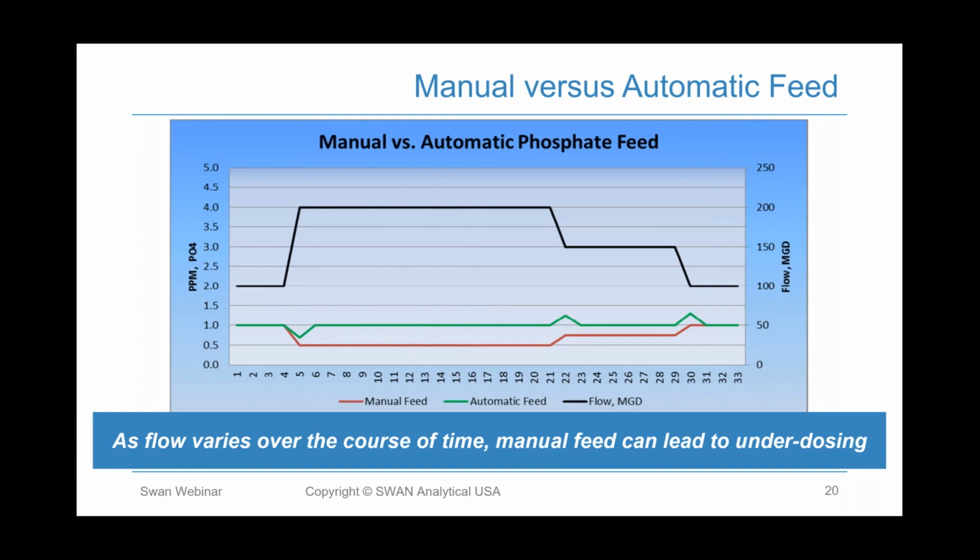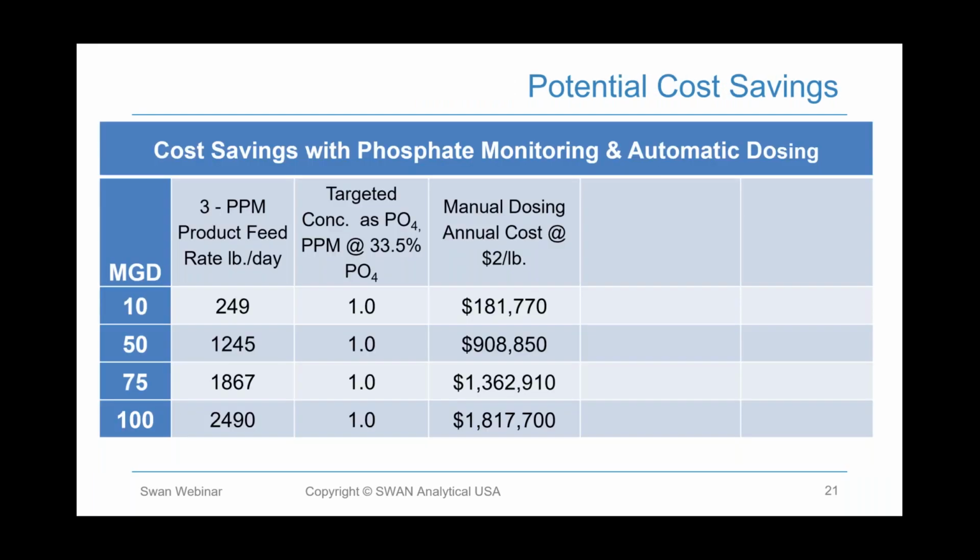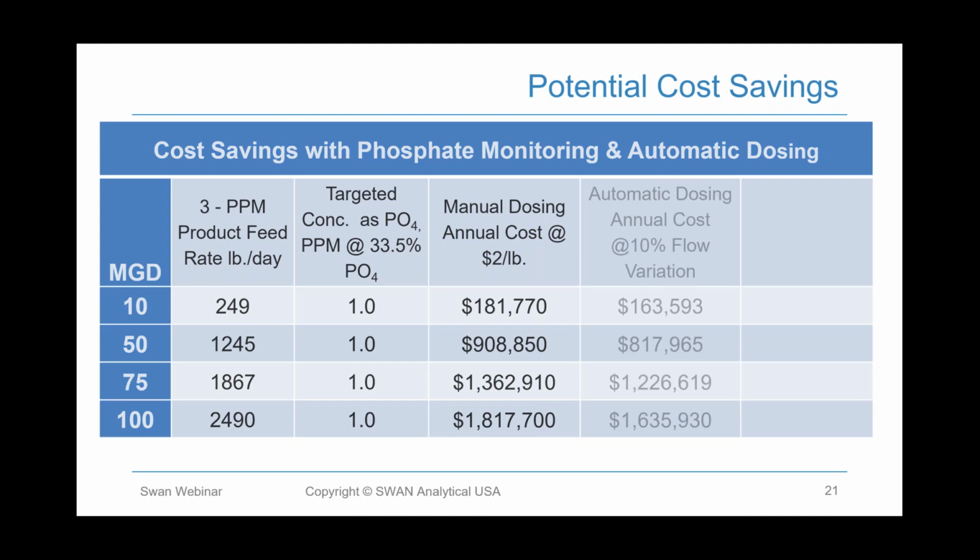Here's an example from a plant of cost savings. So we see our MGDs there on the left, our parts per million product feed, our target concentration, and then this shows at manual dosing at $2 a pound what it would cost us in phosphate. Then we see in automatic dosing with a 10% flow variation, which is very conservative.